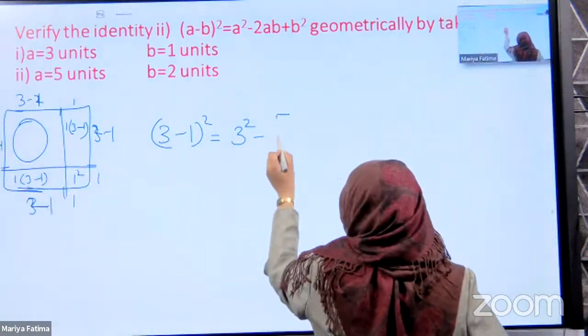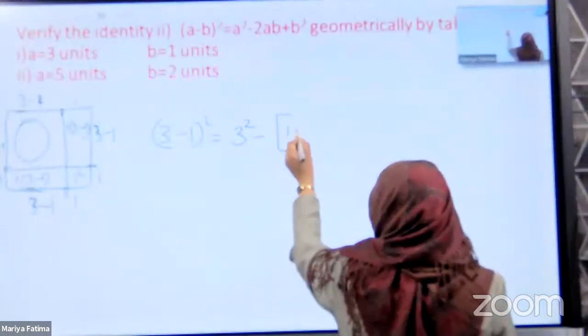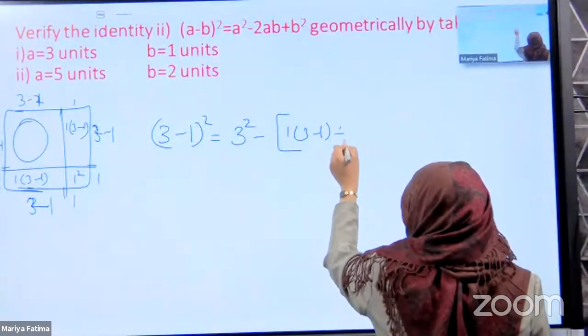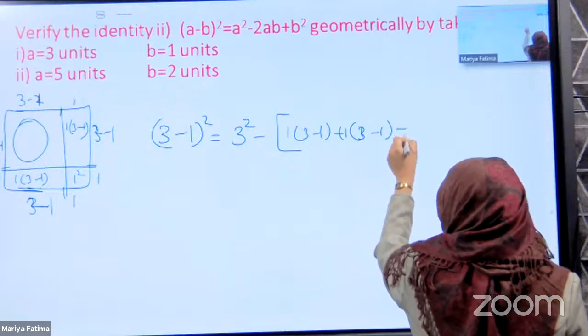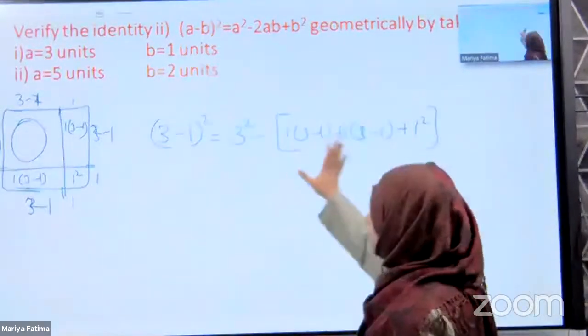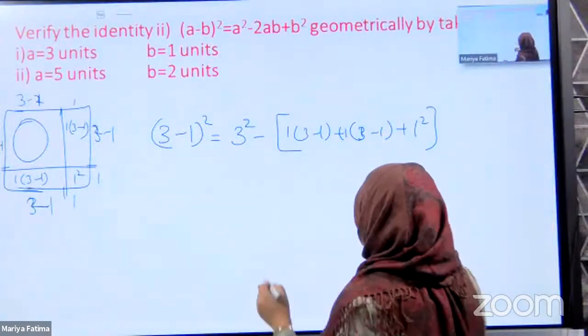So we have to subtract all this: 1 into (3 minus 1), then 1 into (3 minus 1), and then 1 square. You have to subtract all this from that, then only you will get this.